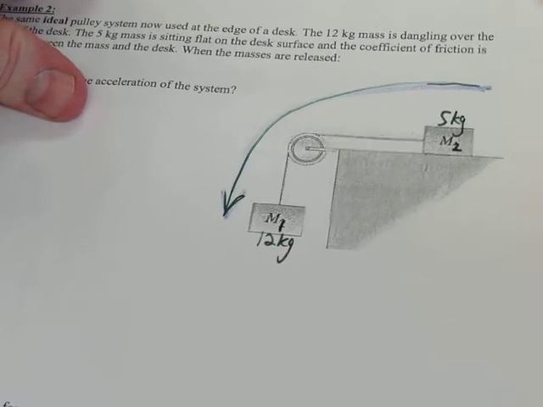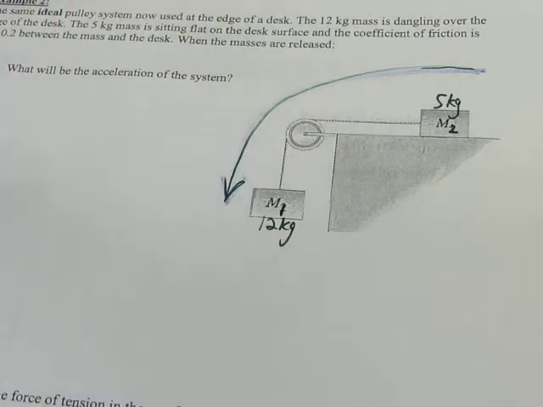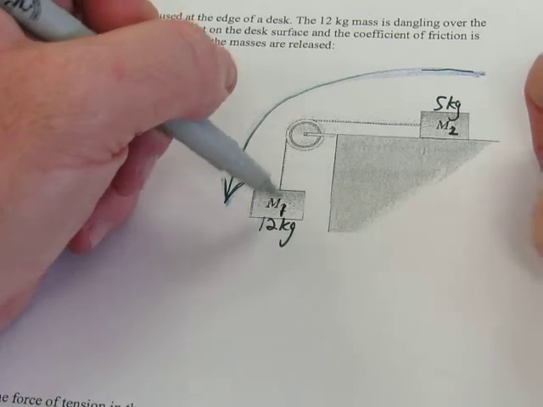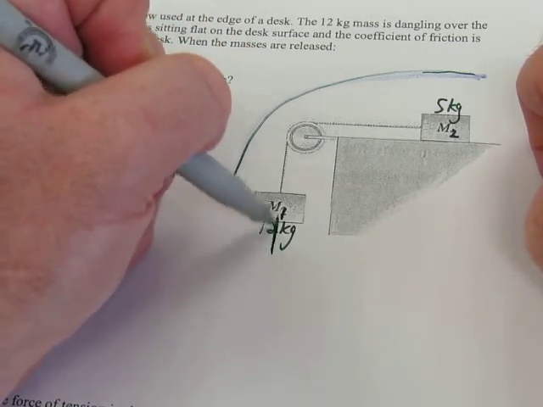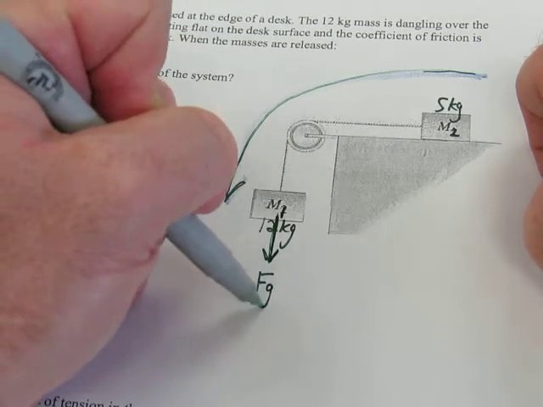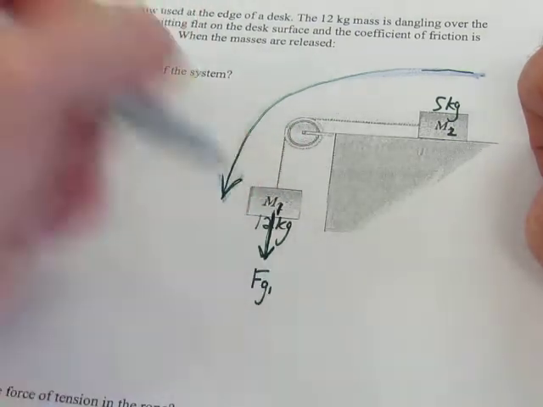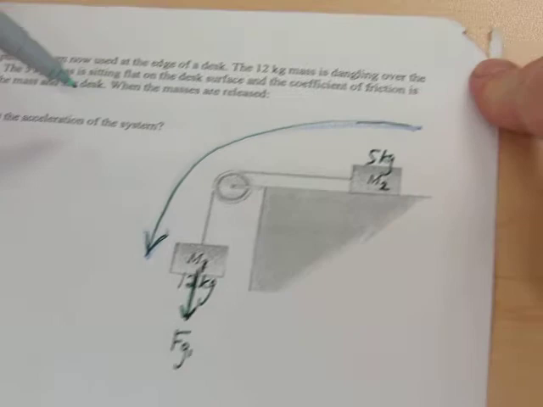The very first thing that you need to do on a pulley question is look at the diagram and label the forces. Let's start with mass number 1 since it's exactly the same as before. It's dangling. There's a force of gravity on this, and that's all. Force of gravity, number 1. The mass that's up here on the desk.